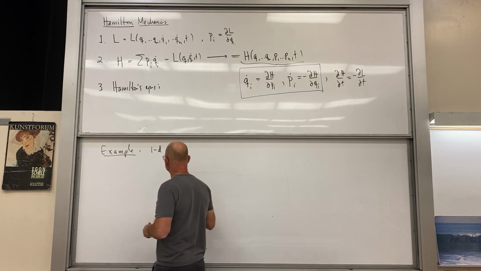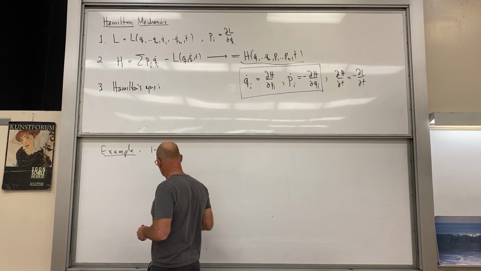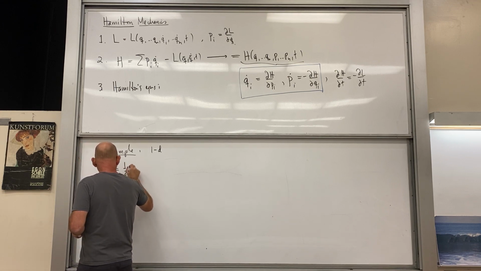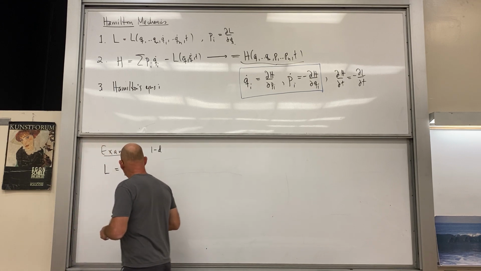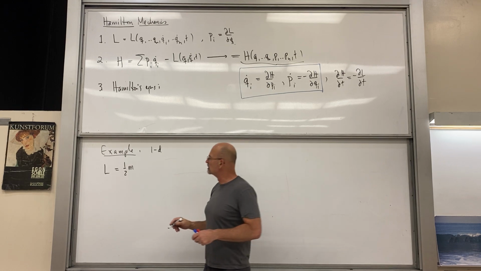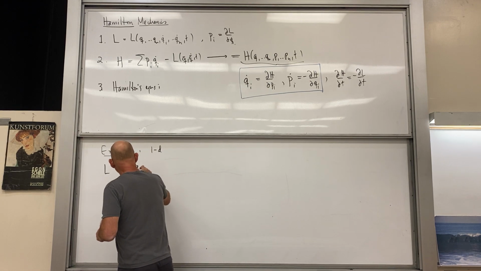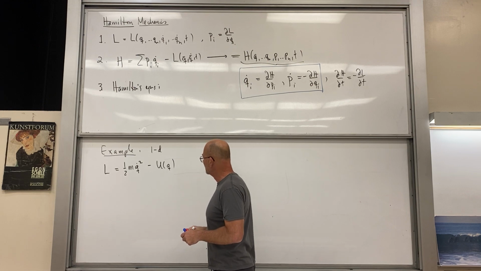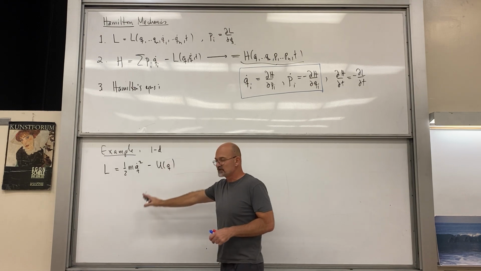So yeah, suppose we have L equals 1/2 m, should I call it x or should I call it q? We'll call it q. L equals 1/2 m q dot squared minus U of q. So there's our Lagrangian. And of course the Euler-Lagrange equations are just Newton's law.